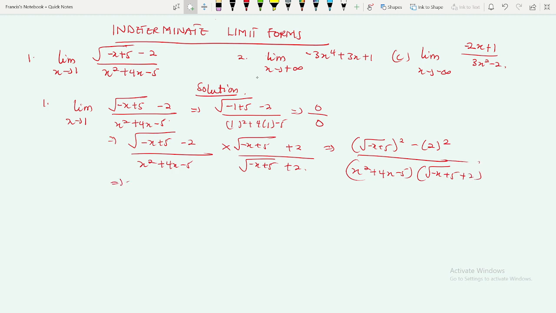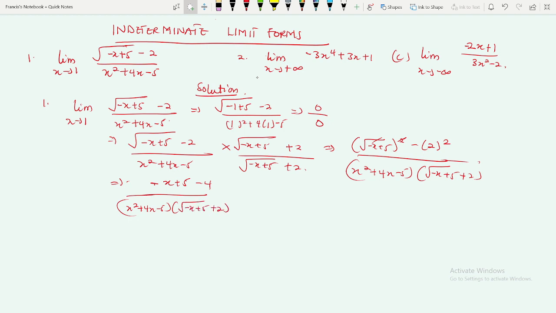I keep on simplifying. So my numerator will give me negative x plus 5, because this squared will cancel this. So I have negative x plus 5 minus 4 all over the expression x squared plus 4x minus 5 multiplying square root of negative x plus 5 plus 2.